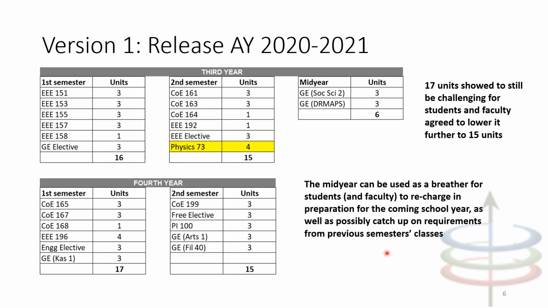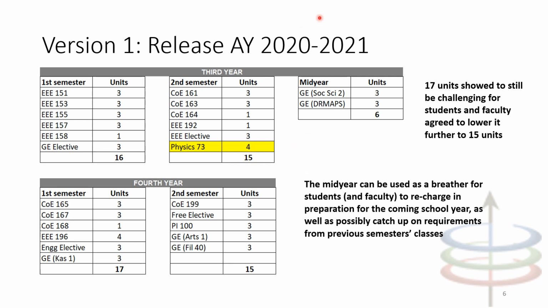And this is how the third year and the fourth year checklist looked like. After having gone through remote learning for one semester, we observed that 17 units is still too heavy and 15 units is even barely manageable. So last semester, we actually further reduced the semestral cap to 15 units.